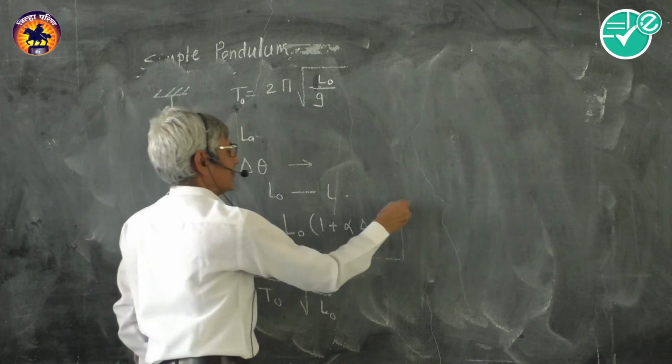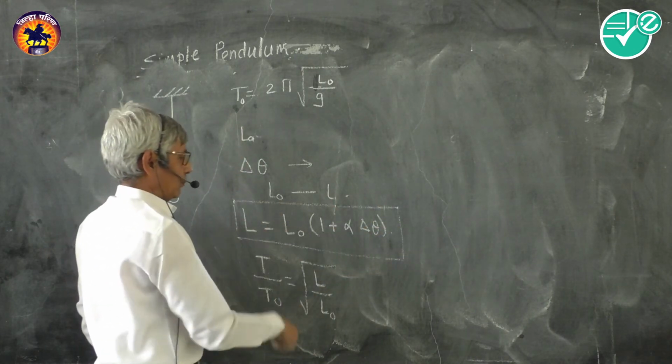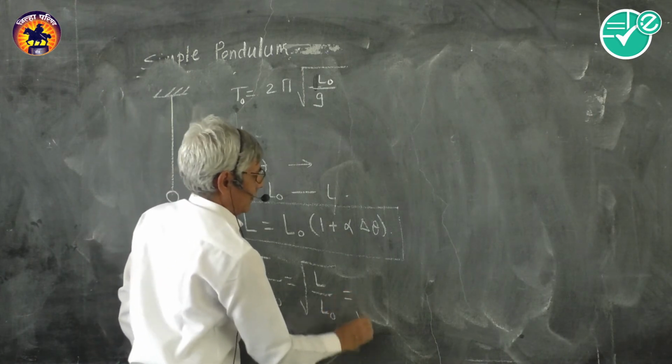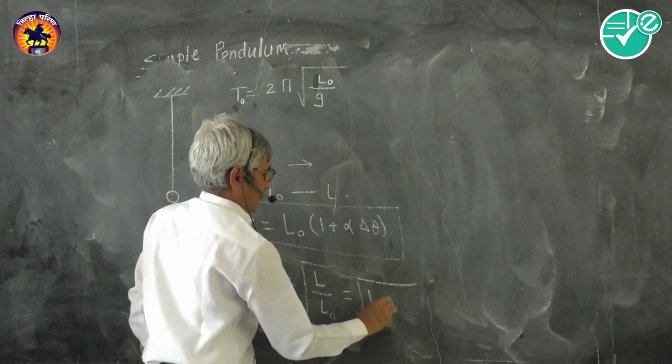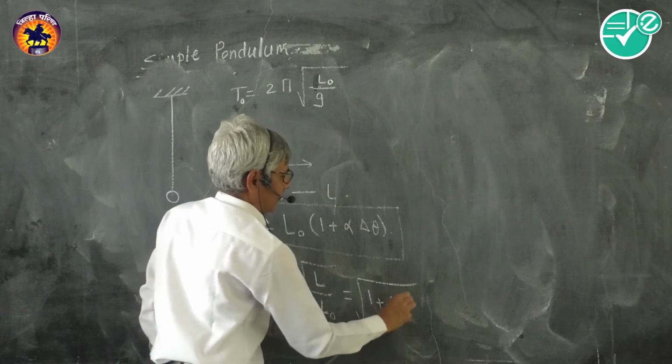From this equation, we can write L by L0 as 1 plus alpha into delta theta.